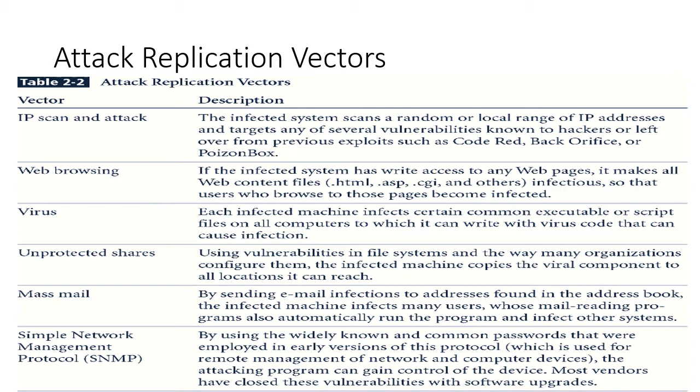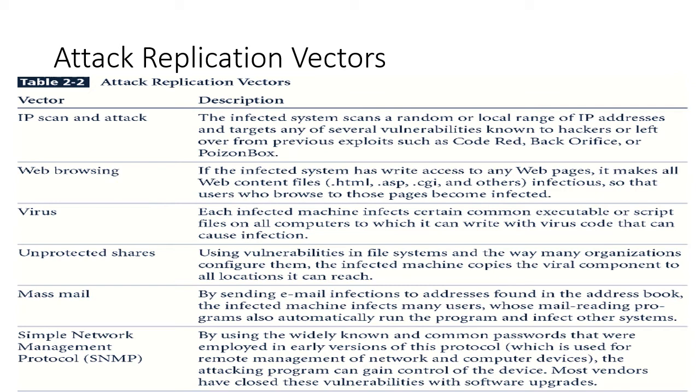An attacker can use a vector of web browsing. If the infected system has write access to any web pages, it makes all web content files such as HTML, ASP, or CGI infectious so that users who browse to those pages become infected.